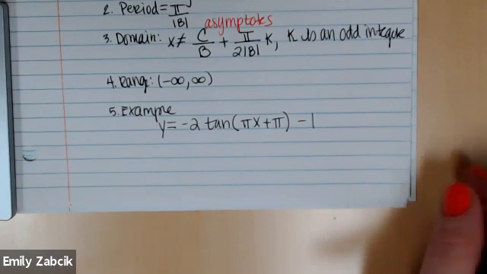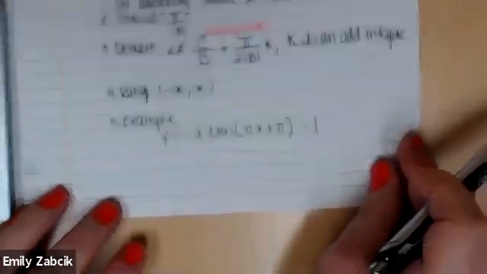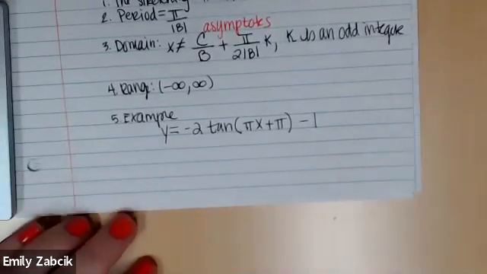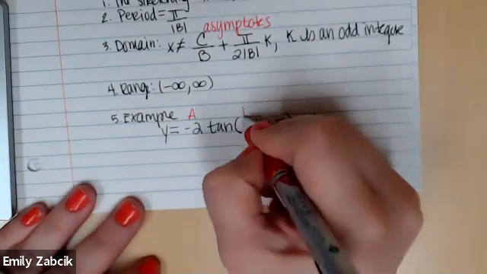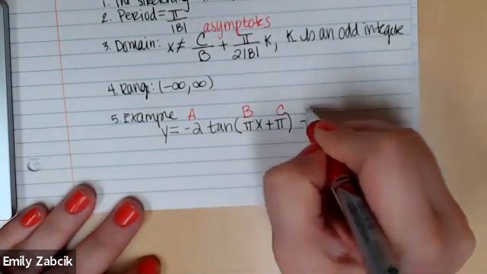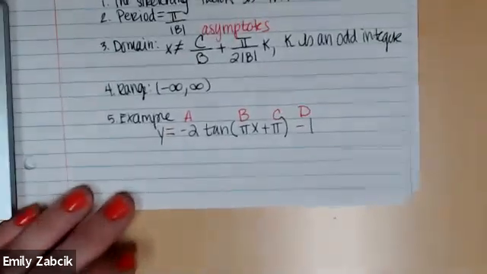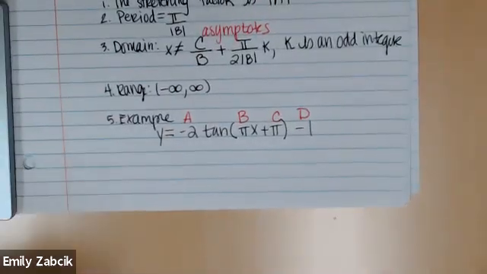Okay, so it's definitely written in our form that we saw up here with our A, B, C, and D. And so let's mark those here. I see that I'm going to have A, B, C, and D, and make sure you keep any sign changes that are going on in that problem.